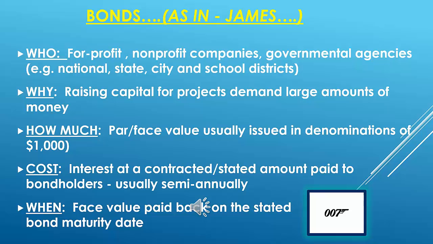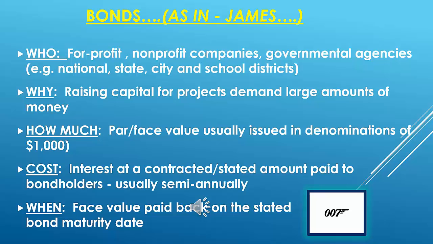These bonds are typically used when a company needs to borrow large amounts of money and maybe doesn't want to take all that on in terms of a liability or a loan from the bank. So this way they cast a wider net and they're able to raise more money.